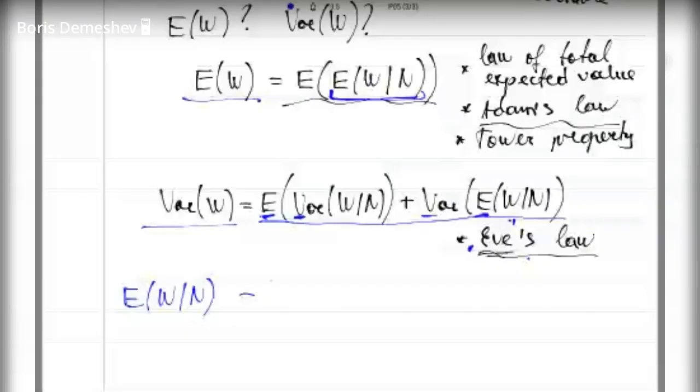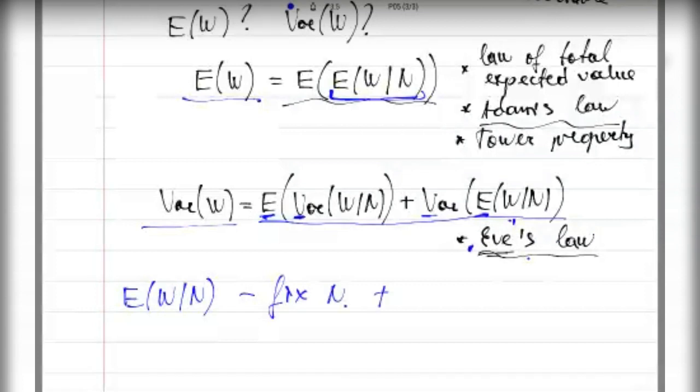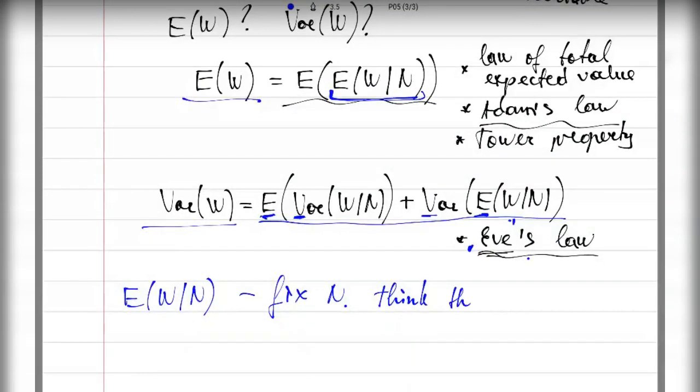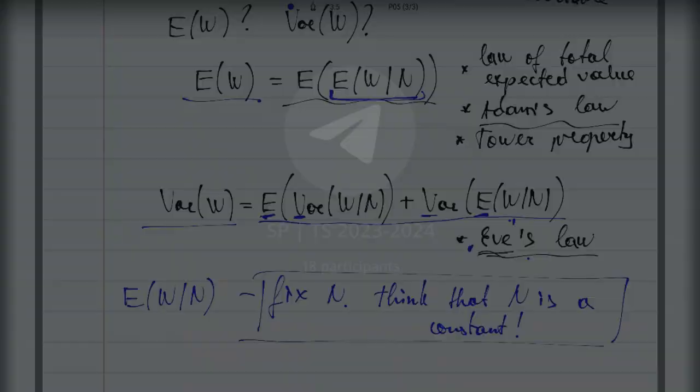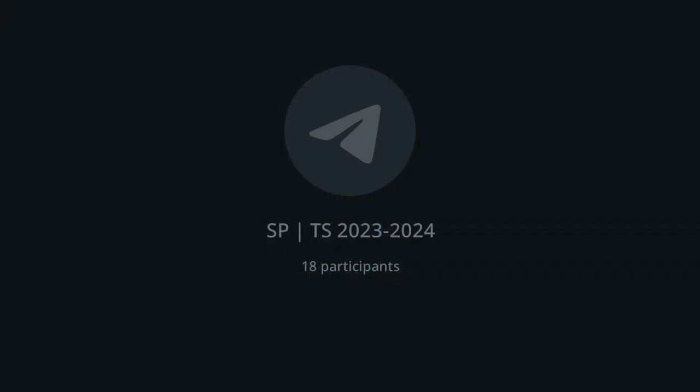We just think that N is a constant. And this makes things simpler. If instead of random variable N, we think that N is constant, then we are happy.